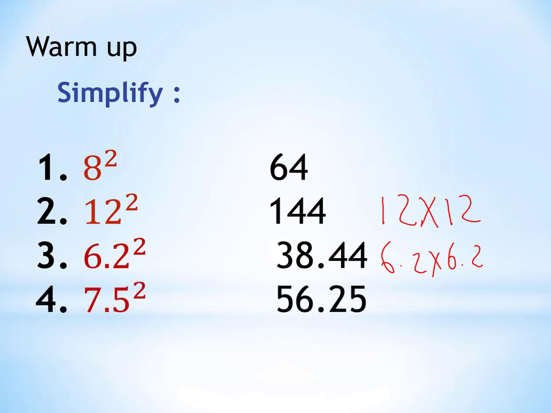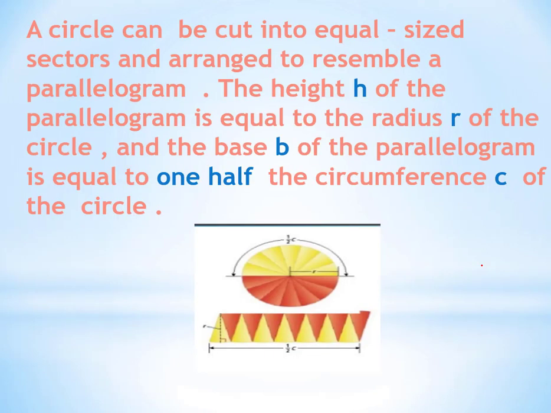Number 4, 7.5 squared means 7.5 times 7.5. The result will be 56.25. So now, in this warm-up, I want you to remember the meaning of power 2. Power 2 means we multiply the number by itself 2 times.